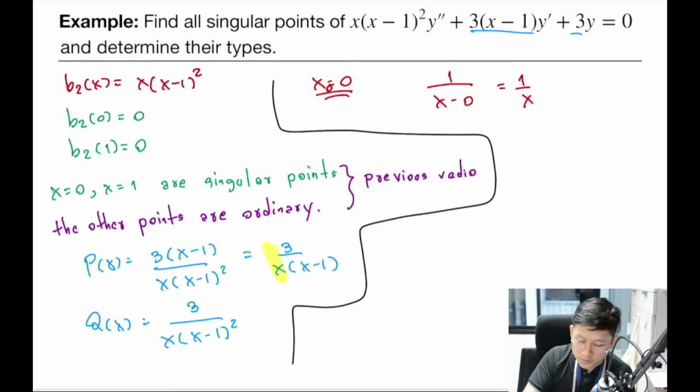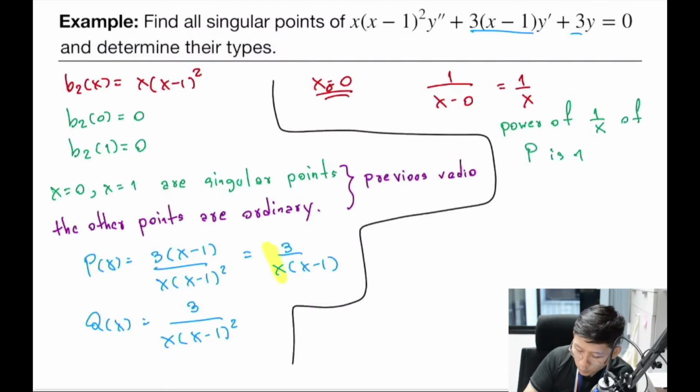So the power of 1 over x of p is 1 and of q is 1 as well. So it means that x equals 0 is a regular singular point.